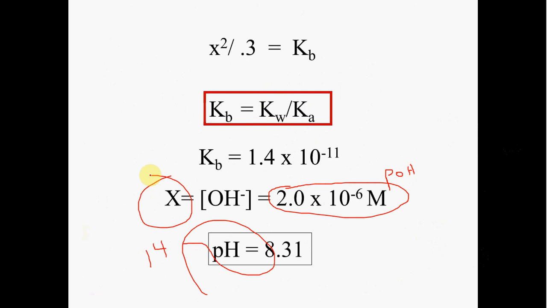You have to make sure that you know x is OH negative. You have to make sure that you know you need a Kb. They might give you a Kb, but chances are they're going to give you a Ka, and you have to use this to find the Kb. Then, once you negative log that value, you have to get back to the pH by subtracting the pOH from 14. So, a couple of extra steps.